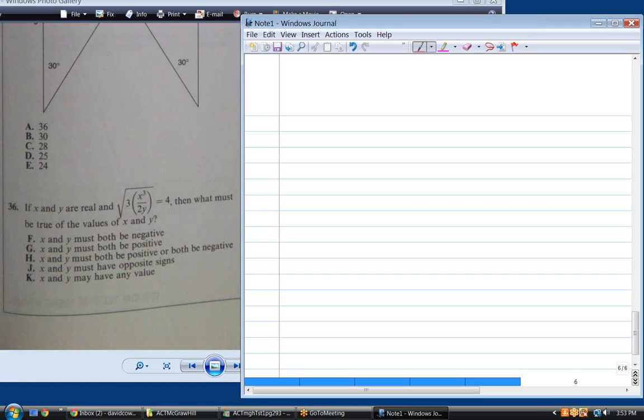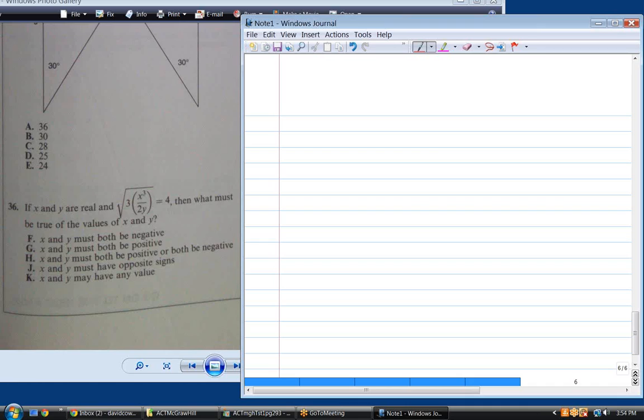What are they looking for? Why are they asking these questions about the signs? To see if you know how to use a radical? Well, to make sure you don't take the radical of a negative number. Yeah. So if x and y are both negative, does that work?